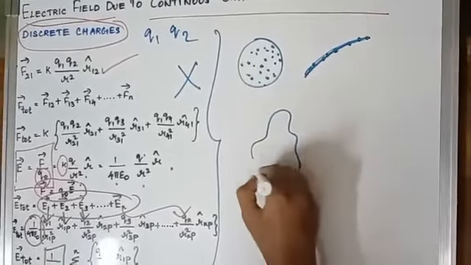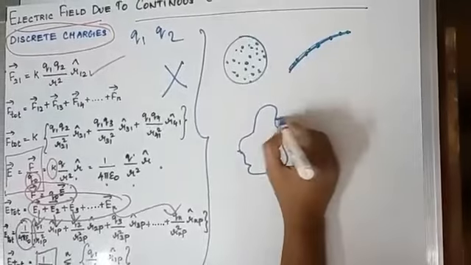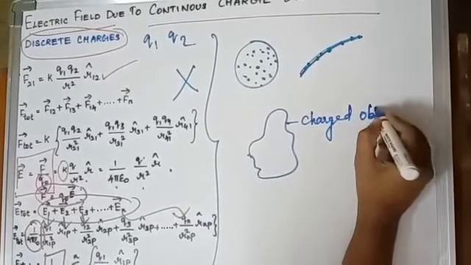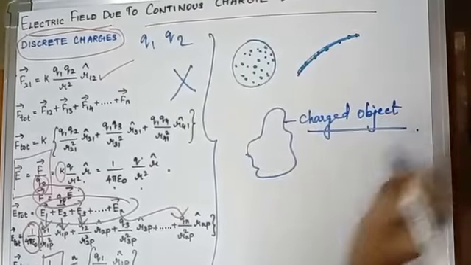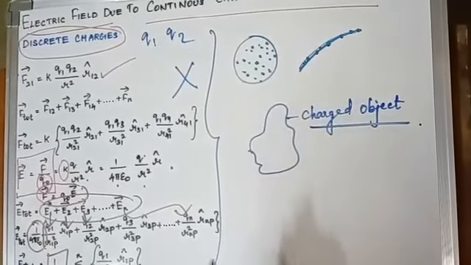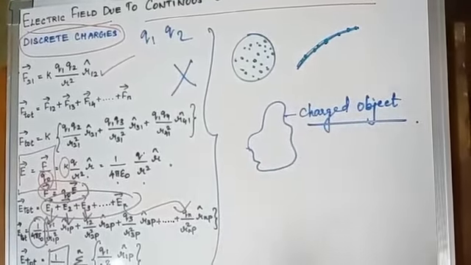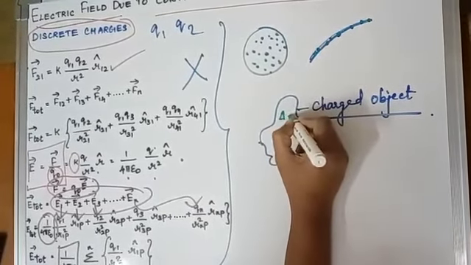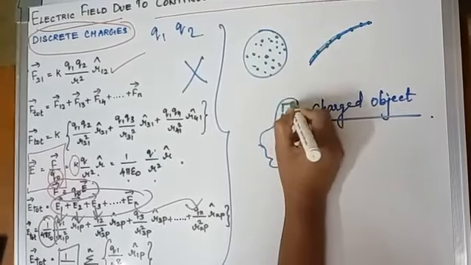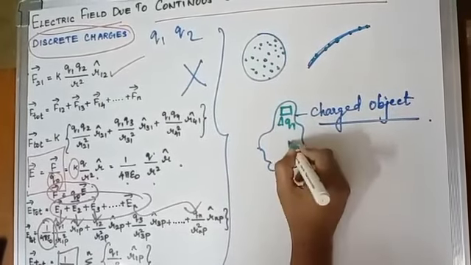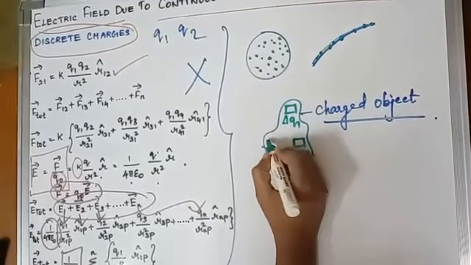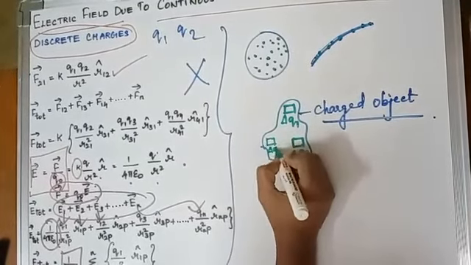This is an irregular charged object. In this irregular charged object, I am going to consider small, tiny elements. Let us take this as del Q1, a small element, and another element, this is del Q2, and another charged element, this is del Q3.